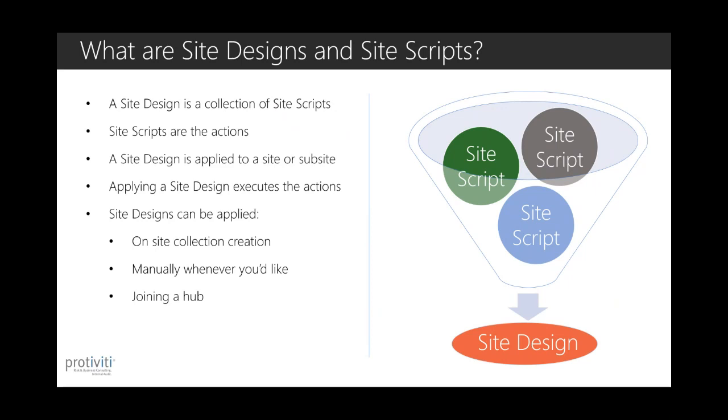I create a site, I want to execute some actions, and the way that happens is when I create the site, I pick the site design that I want to execute during site creation. And then if I had those 3 site scripts, it would trigger those 3 site scripts and apply them onto your site. So if it's create a column, create a list, change permissions, those will all occur and be applied during site collection creation.